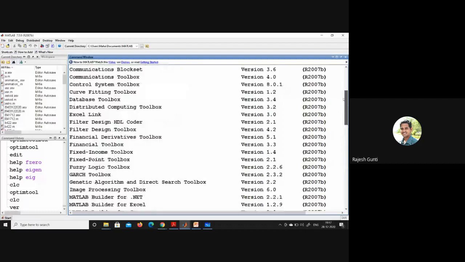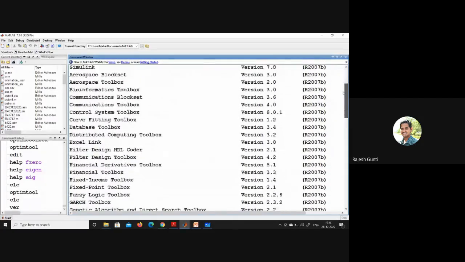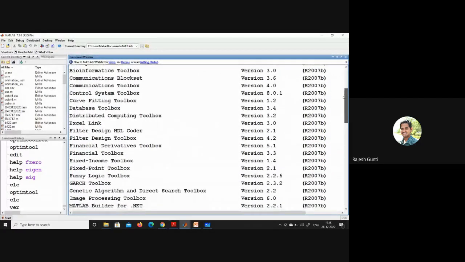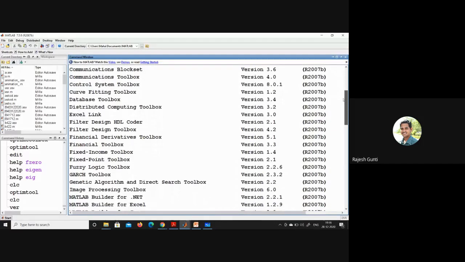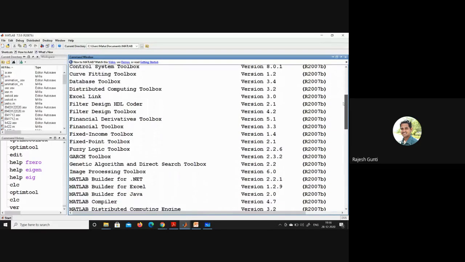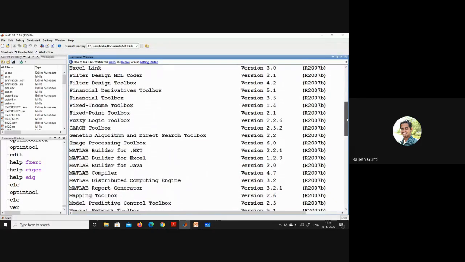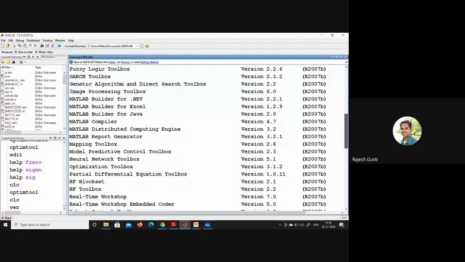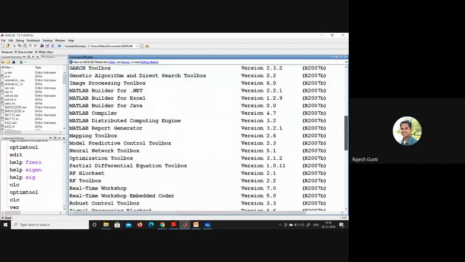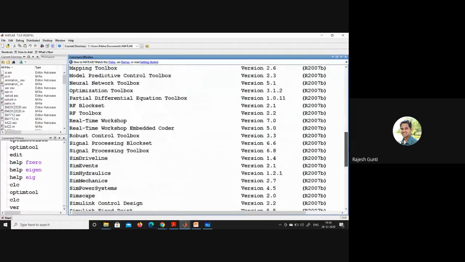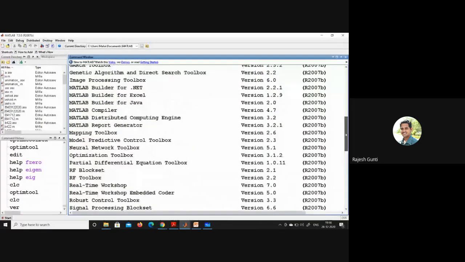These are the toolboxes. Aerospace toolbox, bioinformatics toolbox, communication toolbox, control system toolbox, curve fitting toolbox. This we open, curve fitting like this, fuzzy logic toolbox, somewhere optimization toolbox. Where is optimization toolbox?